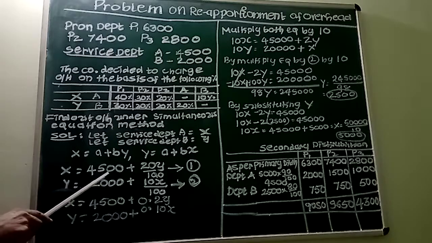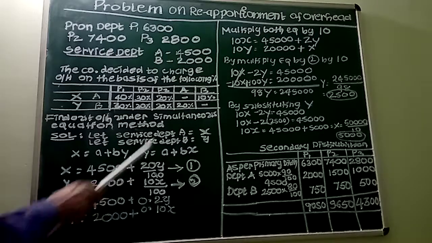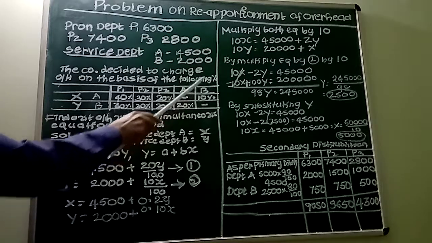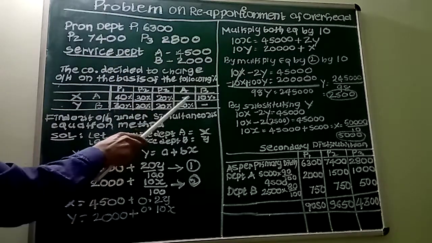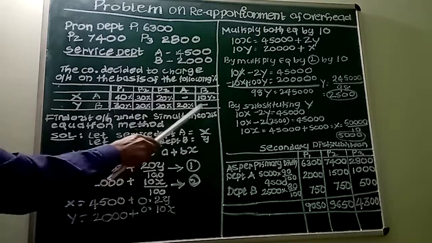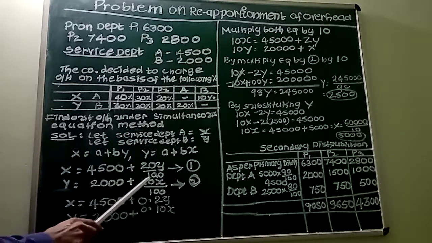Take the total overheads of X, 4500, plus the share of department A in the overheads of B, that is 20%, so 20Y divided by 100. And similarly, 2000 plus 10x divided by 100, and you arrange accordingly.